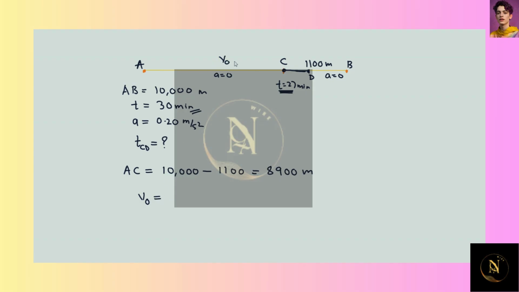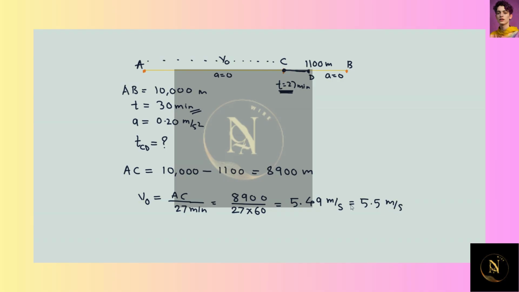V naught will be the distance AC divided by the time, 27 minutes. Plugging in the values, AC is 8,900 divided by 27 minutes, which I convert to seconds. This gives 5.49 meter per second, which I can approximately write as 5.5 meter per second.